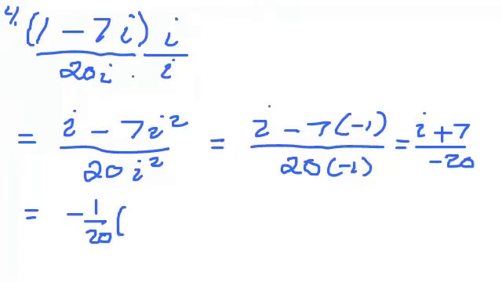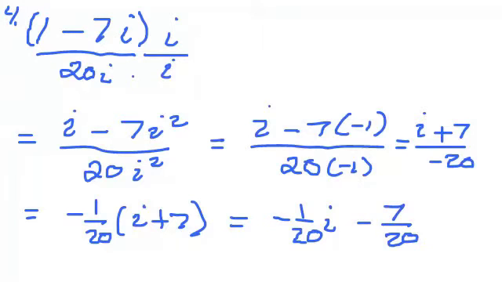You could write it like this, I suppose, but that's not standard form. I guess we better write this thing in standard form. Negative 1 over 20 times I is negative 1 over 20 I, and then negative 1 over 20 times 7 is negative 7 over 20.